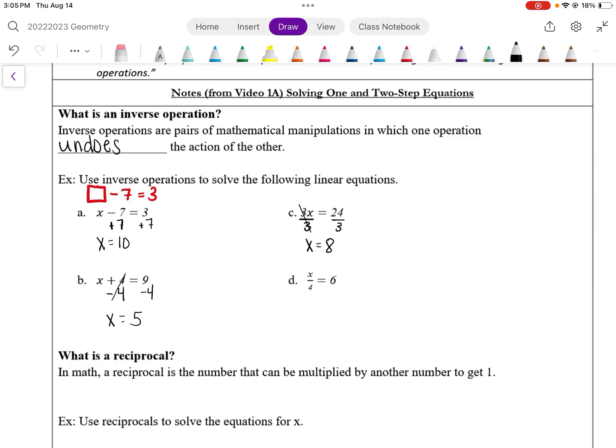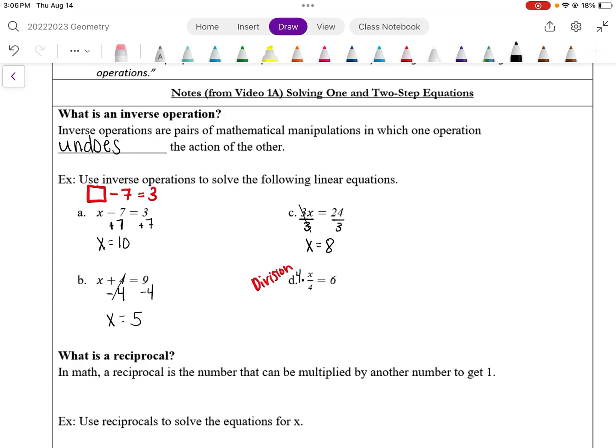And last but not least, example D. Now we have x over 4, and it kind of looks like a fraction. Remember, a fraction is the same thing as division. You need to make yourself a note. Sometimes we're afraid of fractions for some reason. It's just division. So the opposite of division would be to multiply.